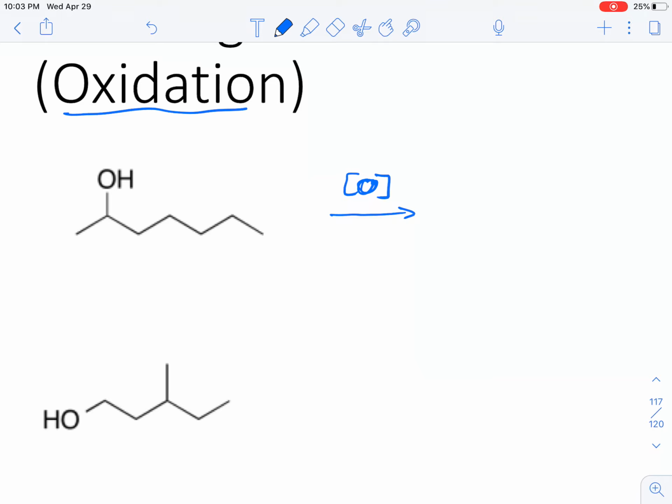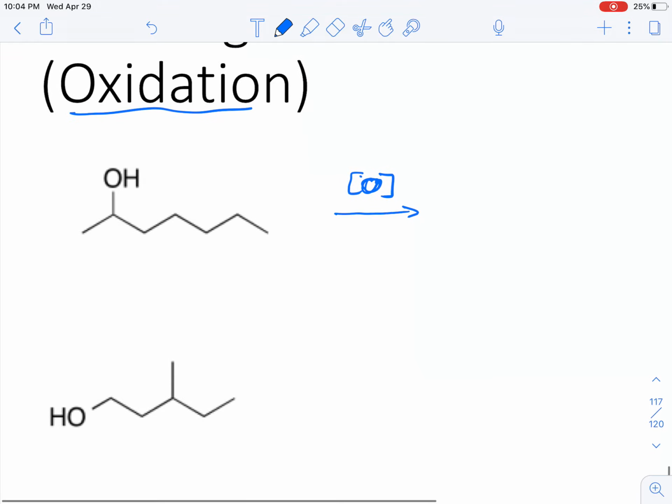One example of an oxidizing agent is potassium permanganate. There are so many more oxidizing agents out there. But not all oxidizing agents will react with the secondary alcohol. So we're just going to broaden the idea of an oxidizing agent by putting this bracket with a letter O.